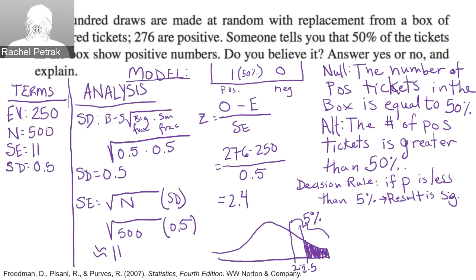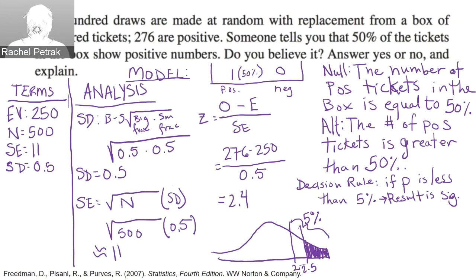And will we retain or reject the null hypothesis then? Is this chance variation? Was the number of positive tickets in the box equal to 50%? Reject.